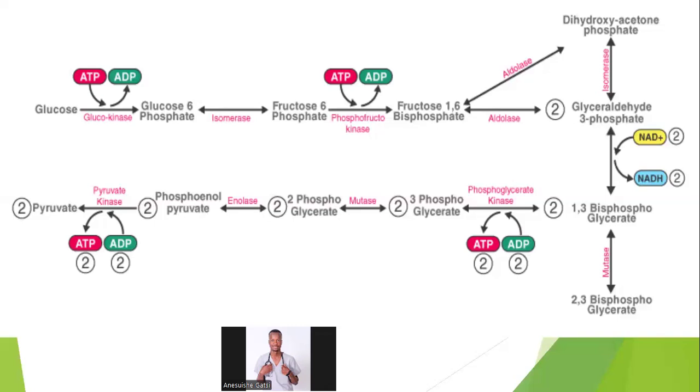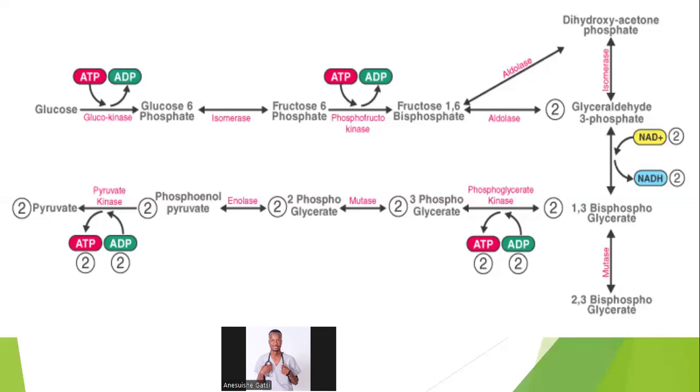Okay. So we started with glucose, then glucose in the presence of ATP and an enzyme called hexokinase. We made glucose 6 phosphate. In that process, we are consuming energy. So we actually have a deficit of energy because we are using ATP.